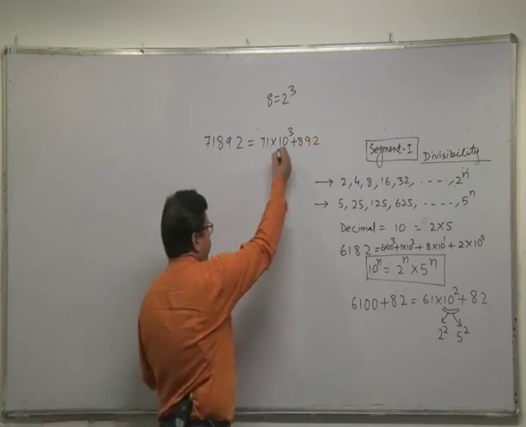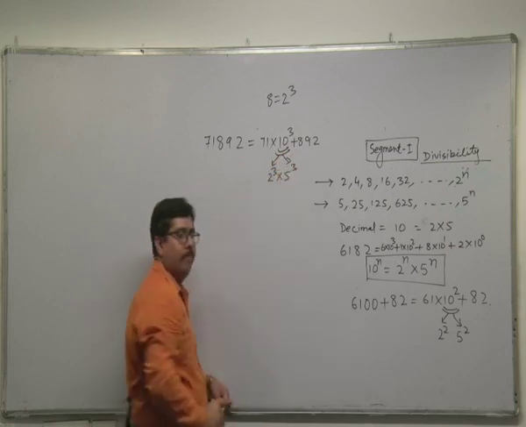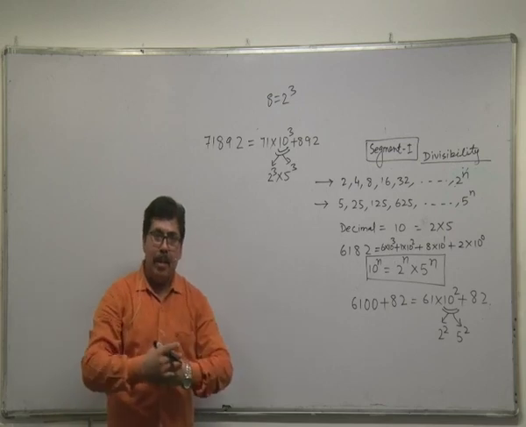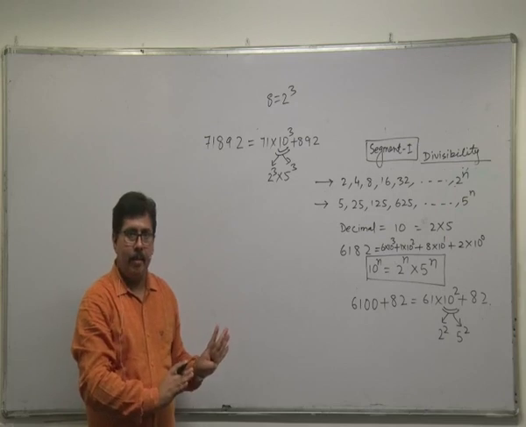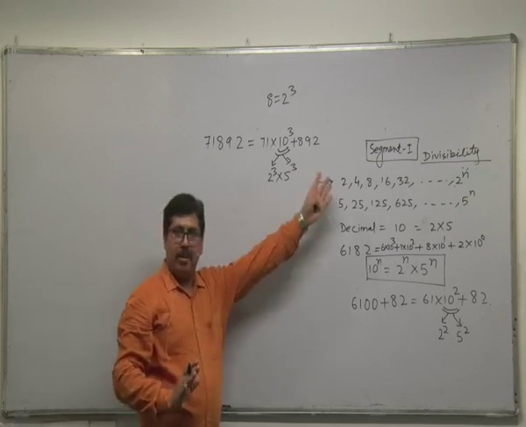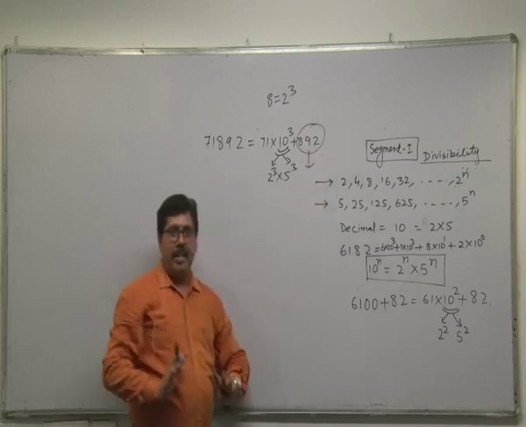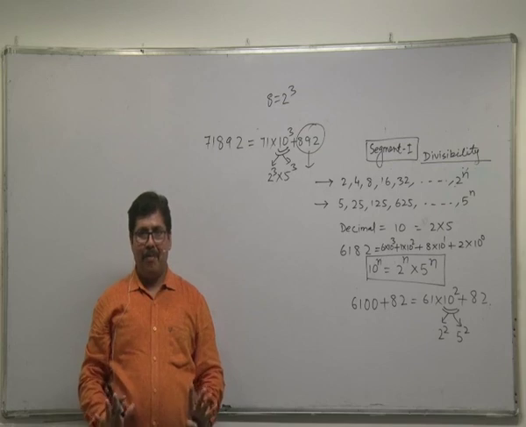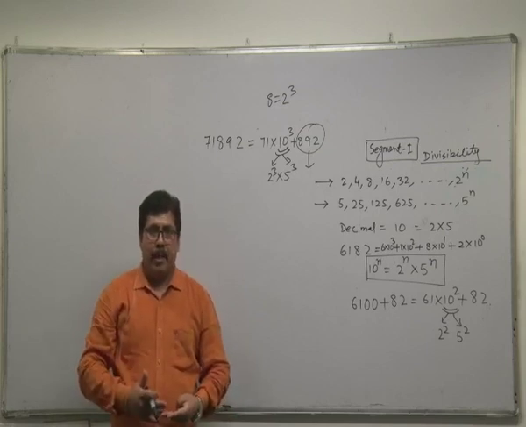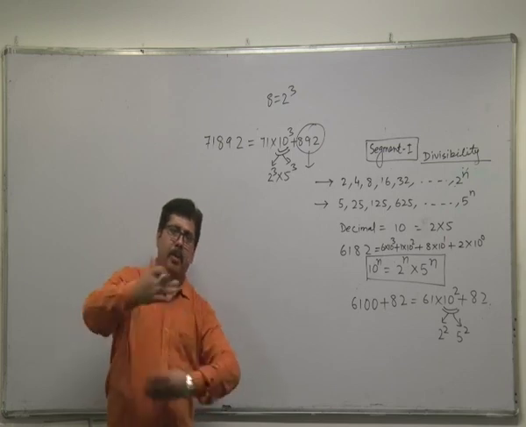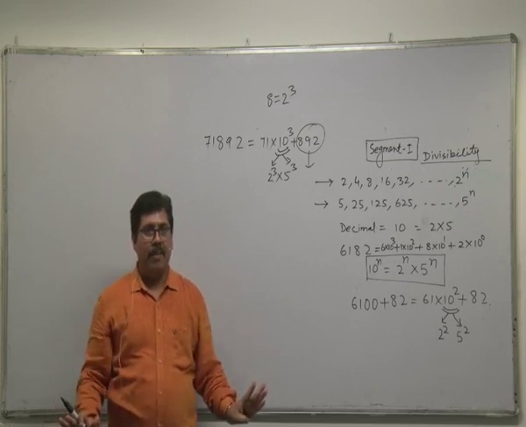And 10 raised to the power 3 means 2 raised to the power 3 into 5 raised to the power 3. So obviously 71 is not the deciding set of digits. Which three digits will decide? 8, 9 and 2. And you can quickly figure it out. 892 is not a multiple of 8. If 892 is not a multiple of 8, come what may, whatever be the number of digits before 892, the number cannot be a multiple of 8.